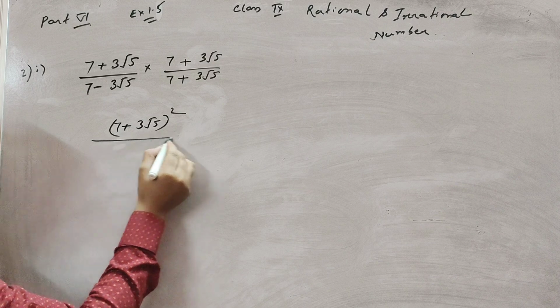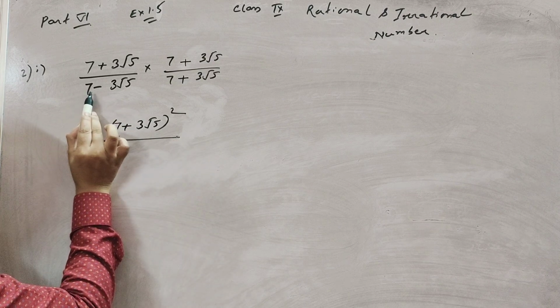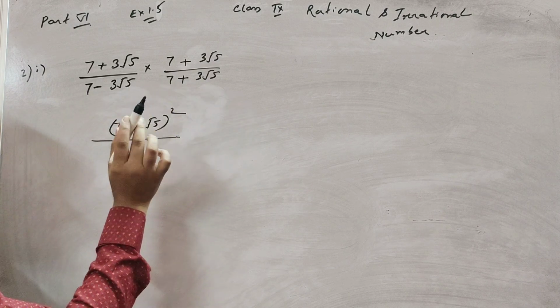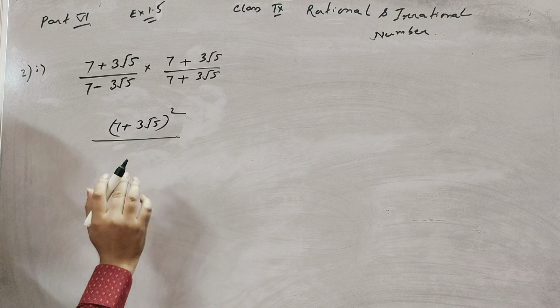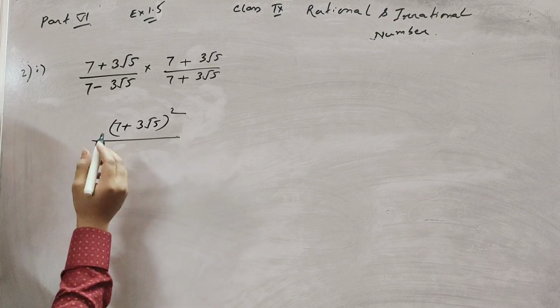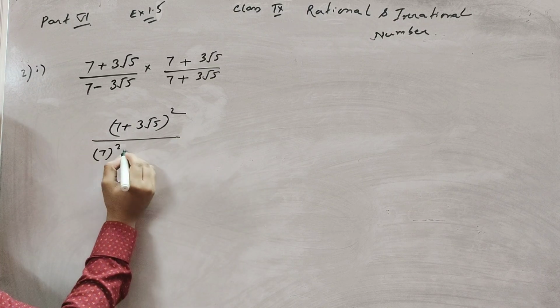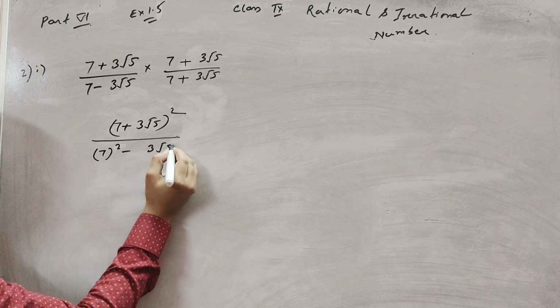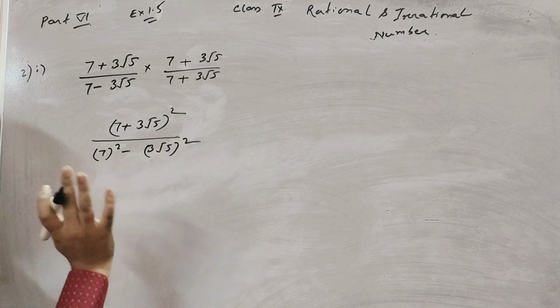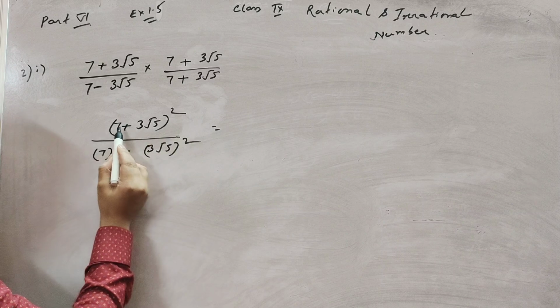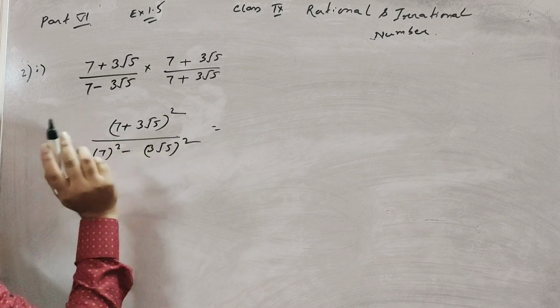Okay, again I repeat, a minus b, a plus b, it's a square minus b square. Done. Okay, so this is a plus b whole square.